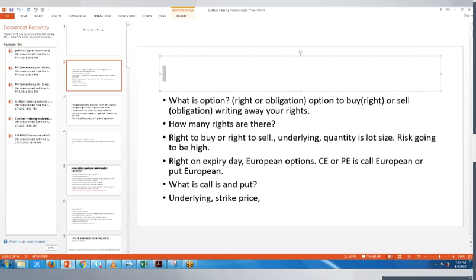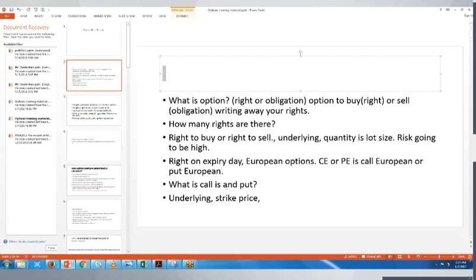Now that the minimum lot is 50 shares, whenever you are trading, your number of shares is increased, so your risk also is increased a bit. So you should remember this in mind, and this keeps changing. I mean, not for every stock and every index, it keeps changing at regular intervals of time.